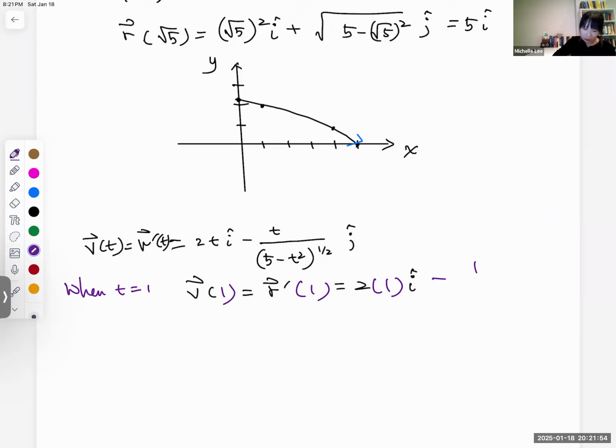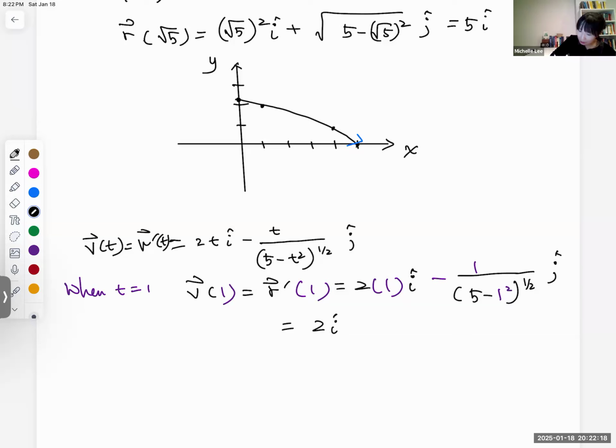minus 1 over 5 minus t squared with t equal to 1, which is 1, and 1/2 j hat. Okay, so 2i hat, correct.